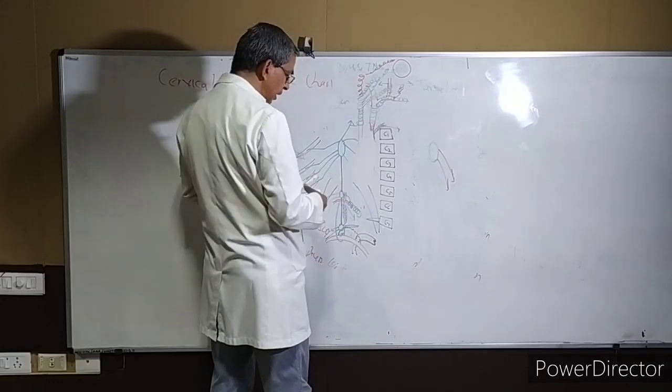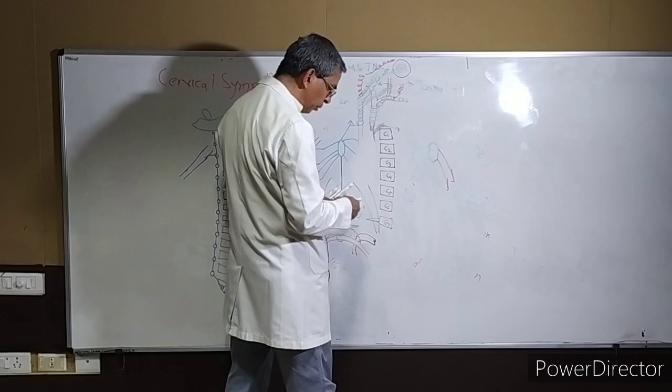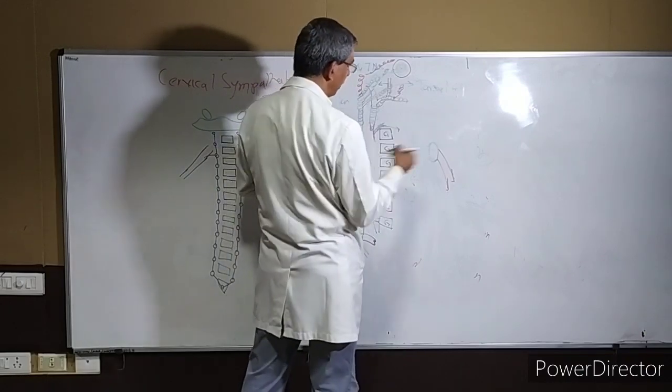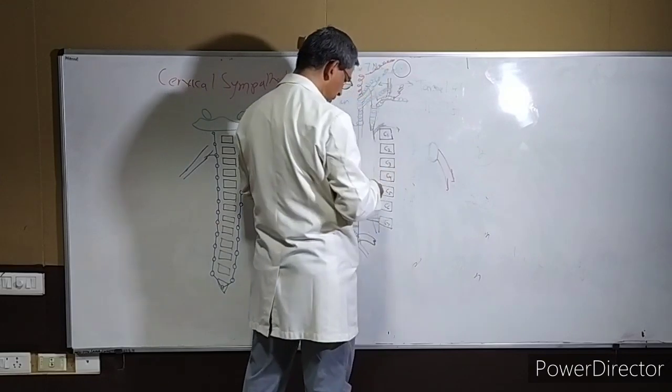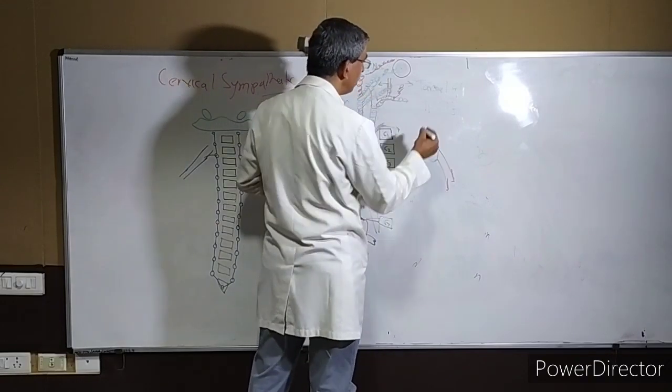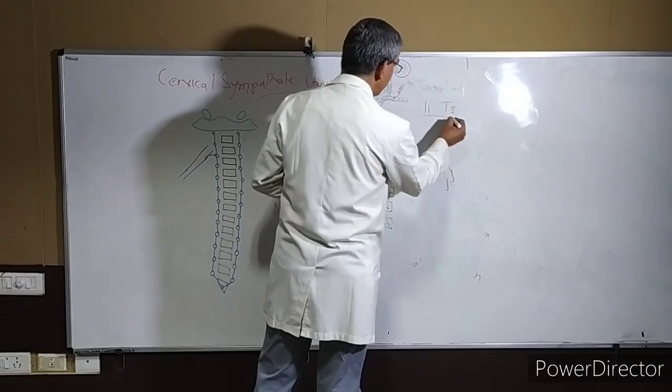These ganglia receive the branches from the T1 to T5 component, from T1 to T5. This black color here is the T1 to T5 spinal segment.